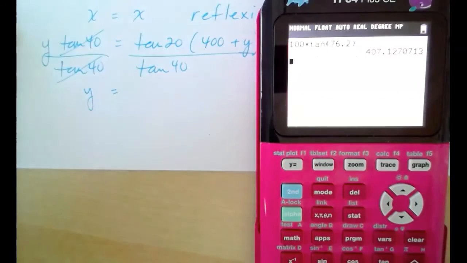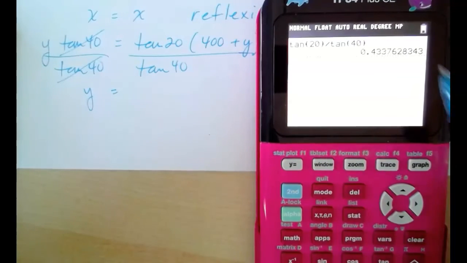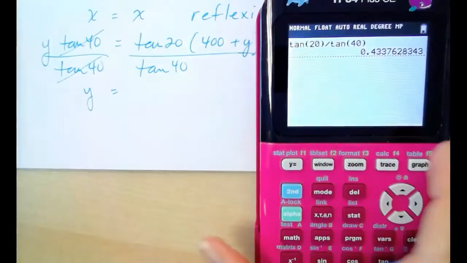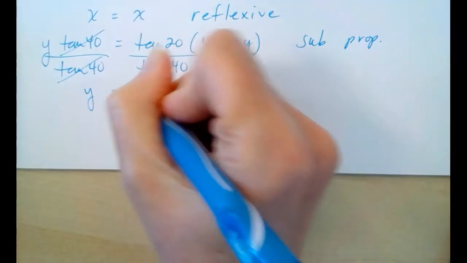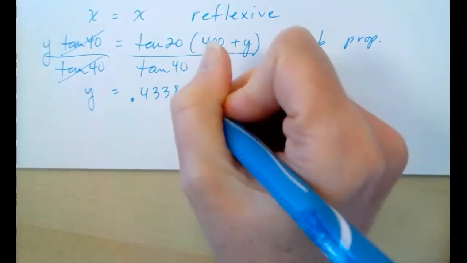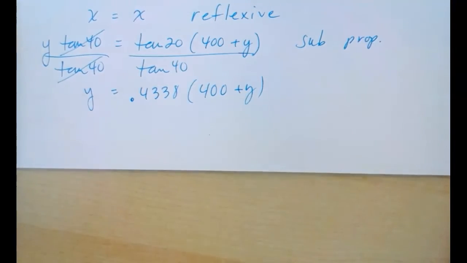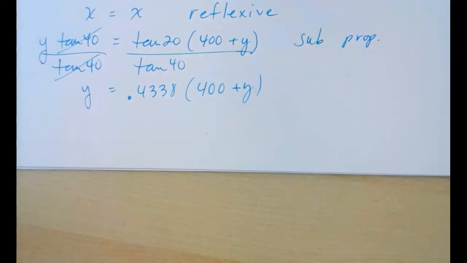So here goes. Tangent 20 divided by tangent 40. And that approximation is 0.4338. And that is what we'll distribute through the second set of parentheses.